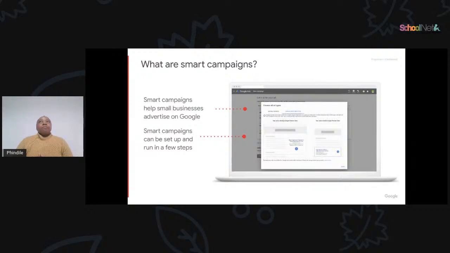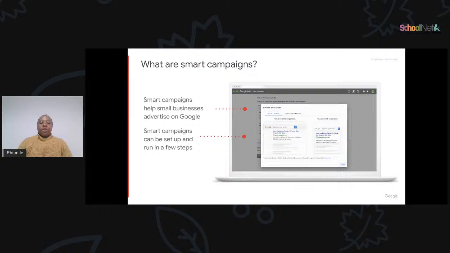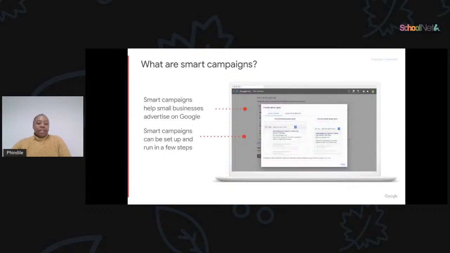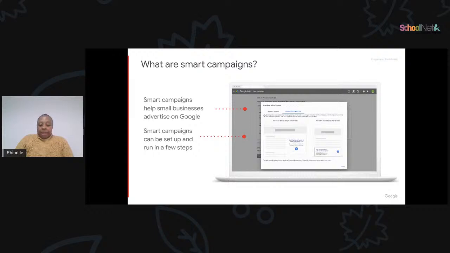These campaigns use smart technology to monitor and improve the performance of your ads continuously. So those are the smart campaigns. They are mostly used by small businesses that want to increase sales, that want to grow. Now we're going to look at how to set up a smart campaign.